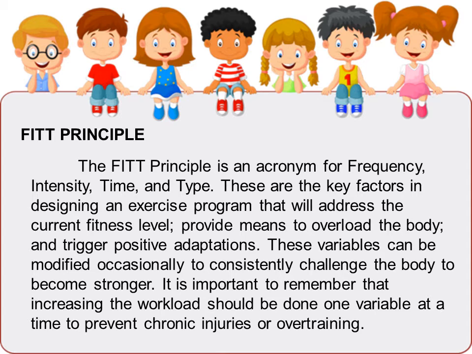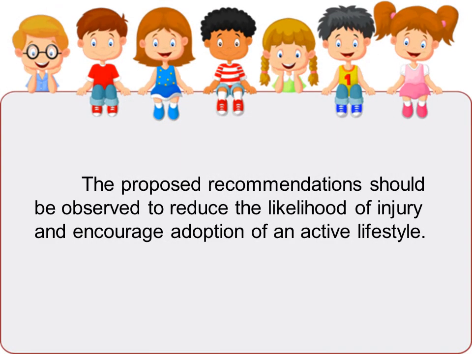It is important to remember that increasing the workload should be done one variable at a time to prevent chronic injuries or overtraining. The proposed recommendations should be observed to reduce the likelihood of injury and encourage adaptation of an active lifestyle.